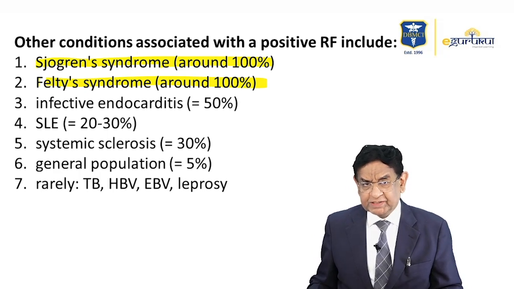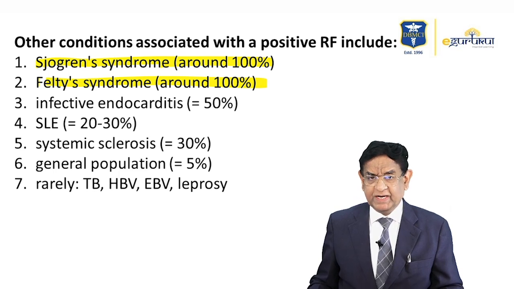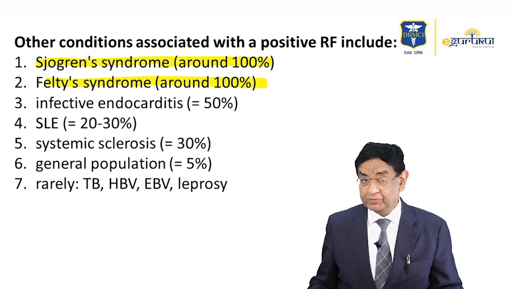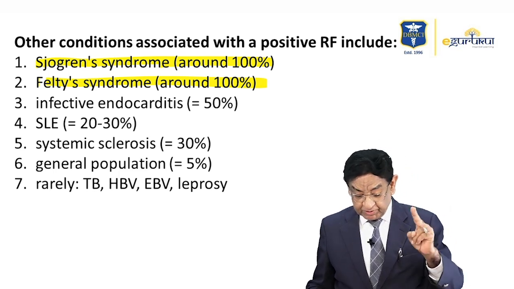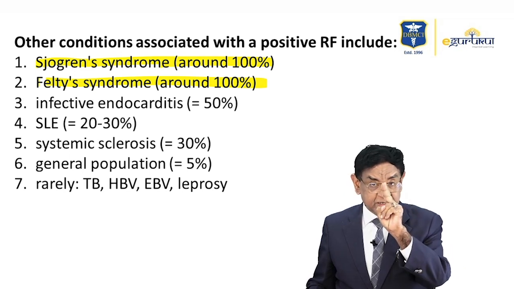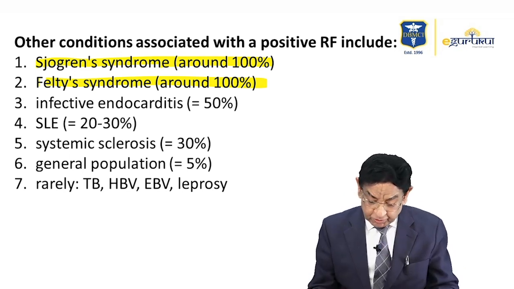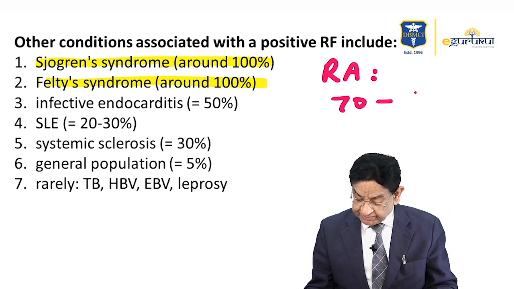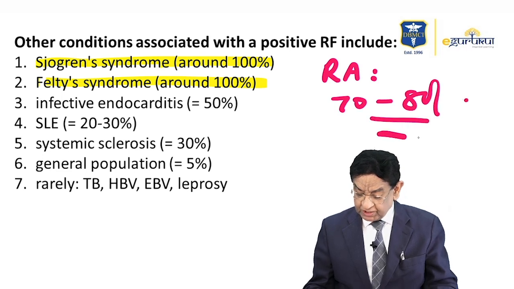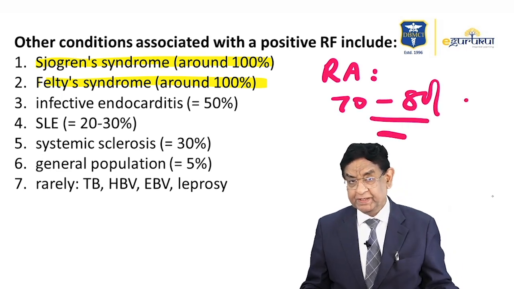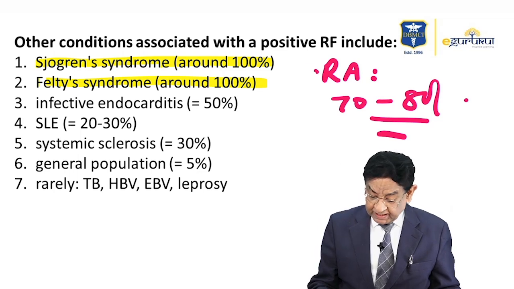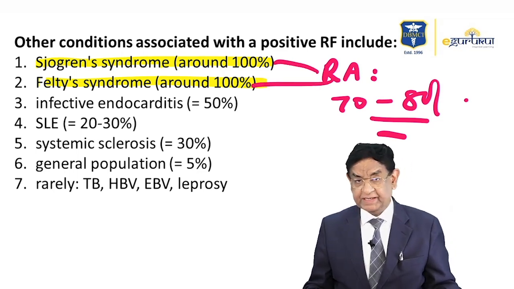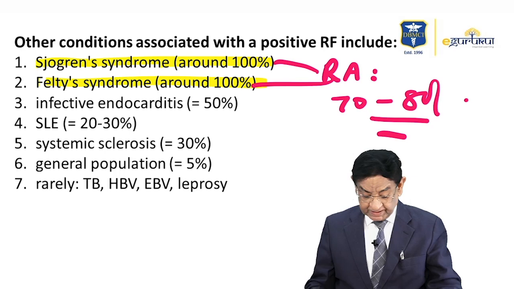And Felty syndrome is a very, very frequently asked question in MRCP 1 and 2. Here the rheumatoid factor is 100% positive. Point to be noted that overall in rheumatoid arthritis, rheumatoid factor is there in around 70 to 80% of cases, not in 100%. But once the patient develops either Sjogren or Felty, it becomes 100%.